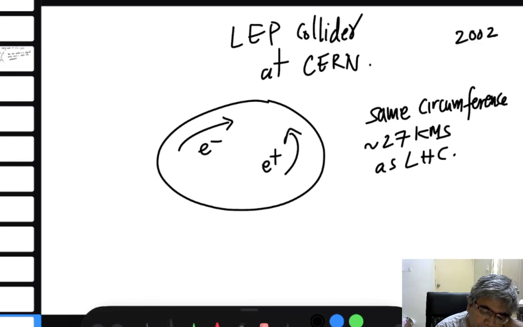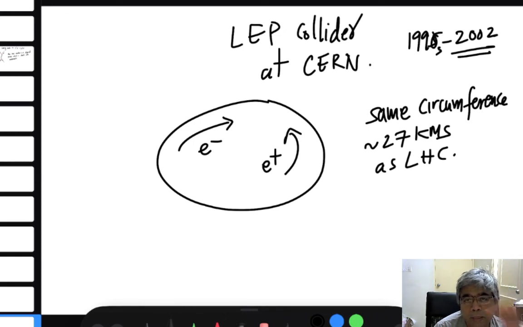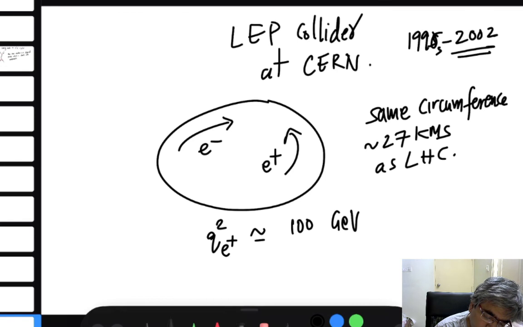Say for example, from the 1990s to 2002, around this period essentially. This has electrons and positrons going in opposite directions with the momentum of these electrons q square around 100 GeV square, and q square of the positrons also about 100 GeV square.